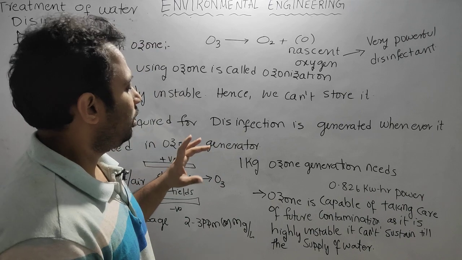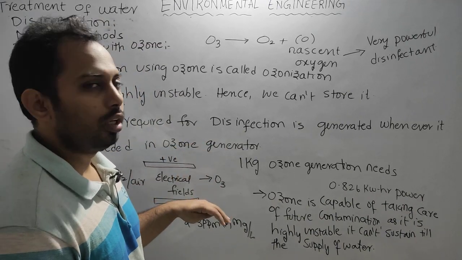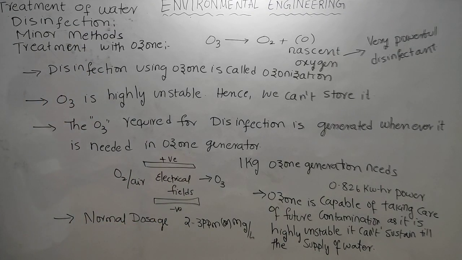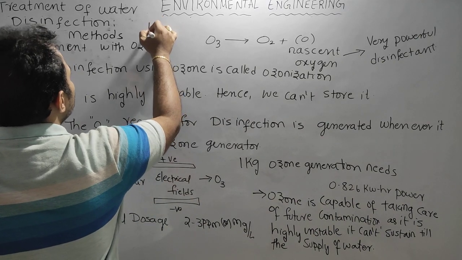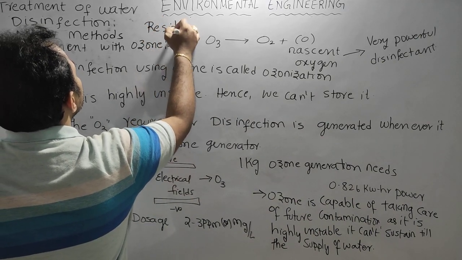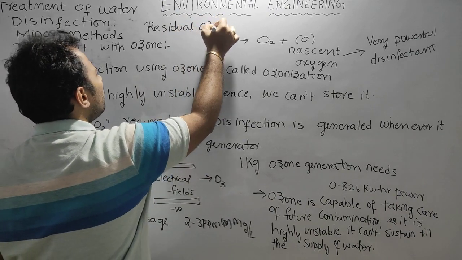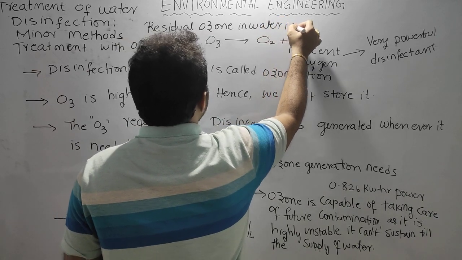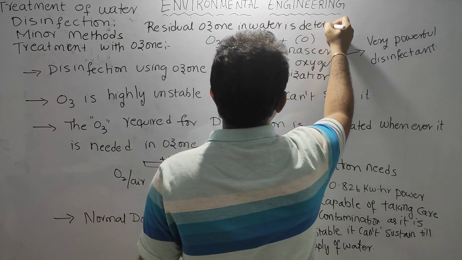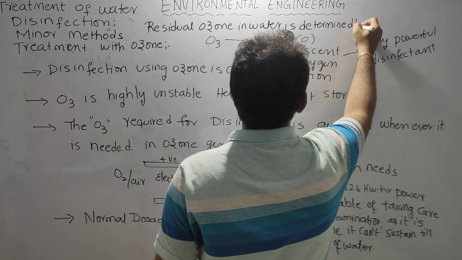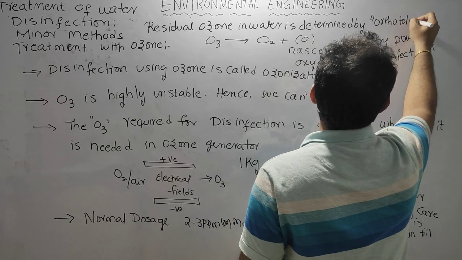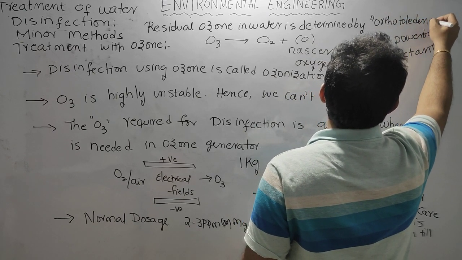If the residue is present, then ozone can also take care of future contamination. To find whether residual ozone is present or not, we perform a test called the orthotolidine test. Residual ozone in water is determined by a test called the orthotolidine test.